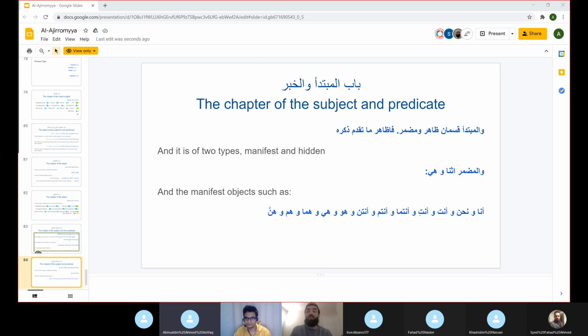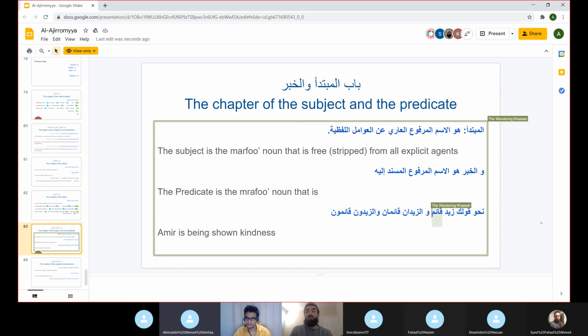I don't need to write another one. So, for example, when he says Zaydun qa'imun, if you look at the slides, where I'm highlighting, Zaydun qa'imun. Here, Zaydun is the subject and qa'imun is the predicate. What does Zaydun qa'imun mean? Zaydun qa'imun means Zayd is standing.